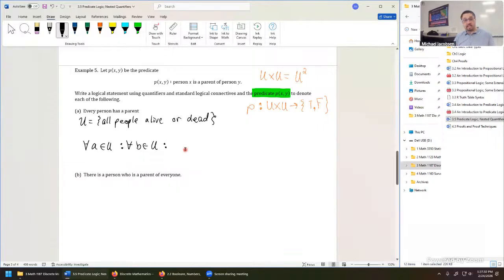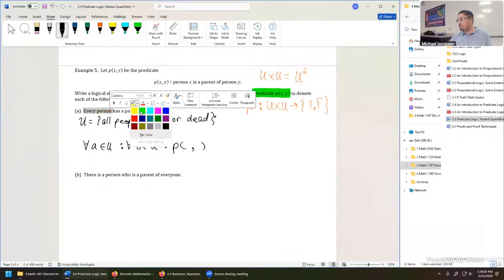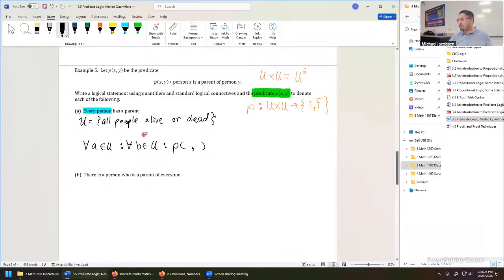But when I go to write out the predicate statement, we have to be mindful of exactly what will go inside this function. But let me think about these quantifiers very carefully. Every person has a parent. I started with a for all, and I put a for all here, but I'm debating myself. I feel like one of these ought to be an existential one. Let me say for the every person, this part right here, let's color code this just to see the relationships. I'll think of this one as being the statement in blue.